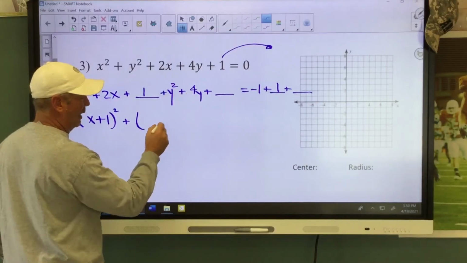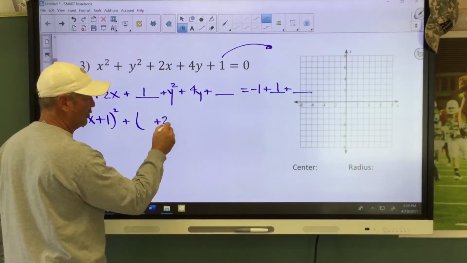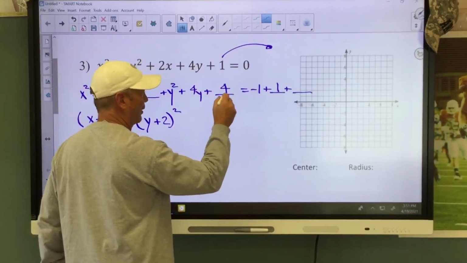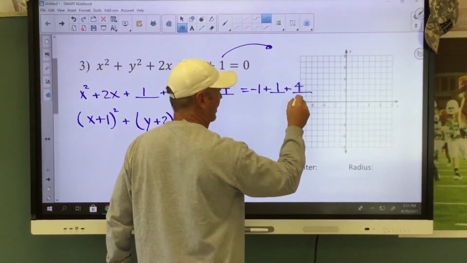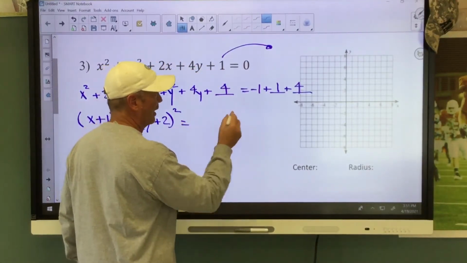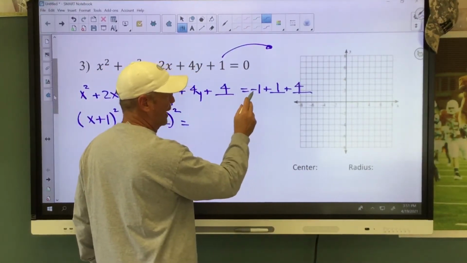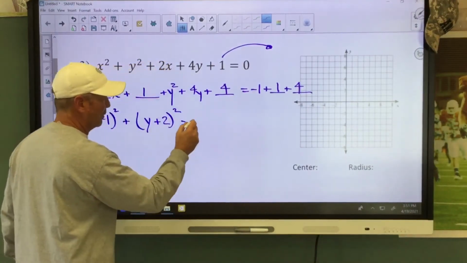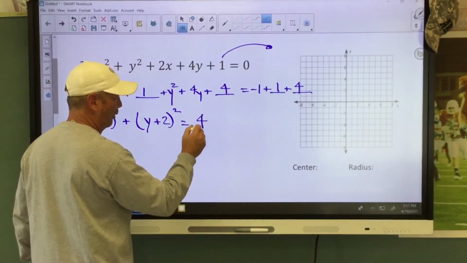Half of 4 is 2. 2 squared is 4. These are going to cancel. A negative 1 and a positive 1 will cancel each other out. That leaves me with a positive 4.